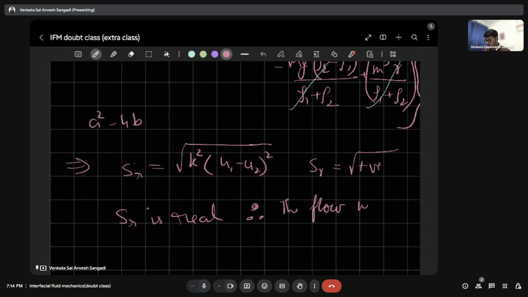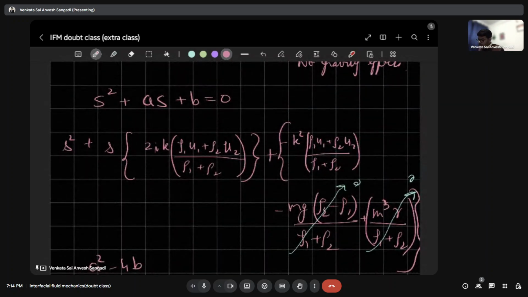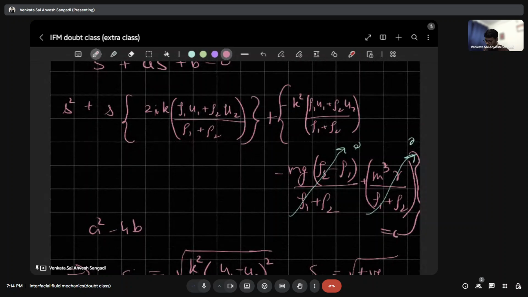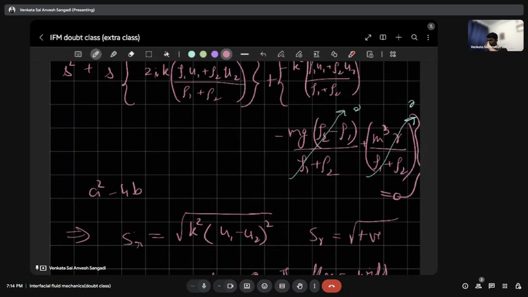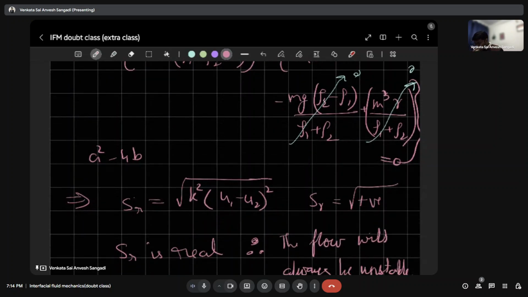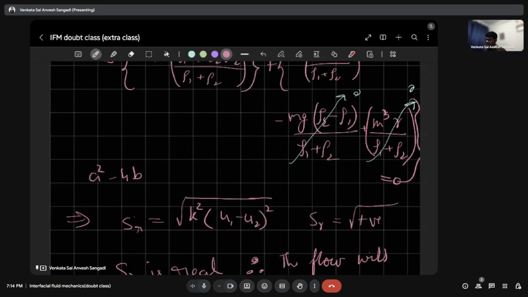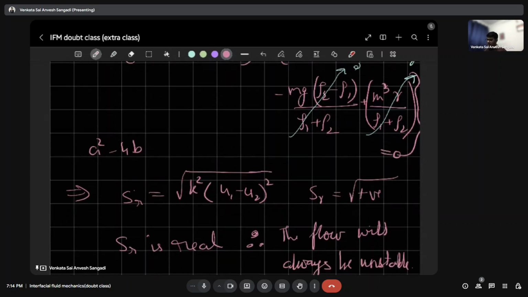Simply put, if we write down this equation and remove the gravity term, which cancels because rho1 and rho2 are the same, and gamma is equal to 0, and then write the discriminant a square minus 4b, the result will always be positive.